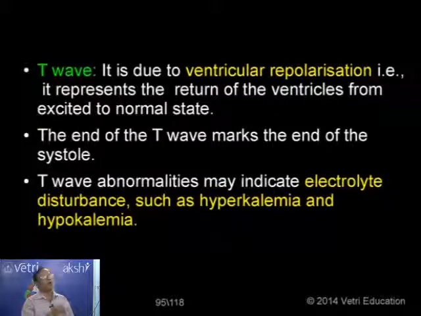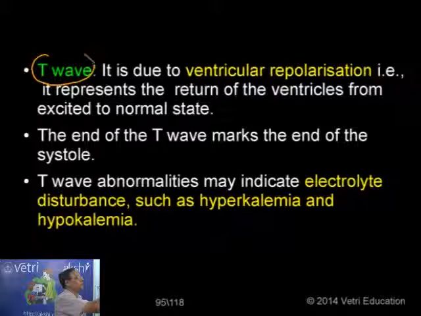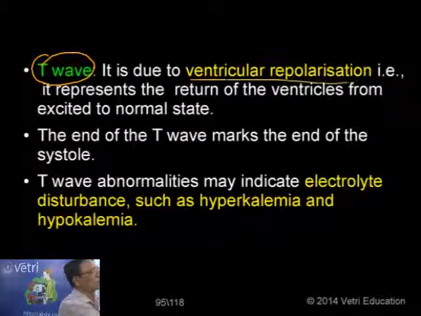Now out of all the waves, either P or Q or S, all the waves are due to depolarization, excepting the last wave, the T wave. The T wave is due to ventricular repolarization.